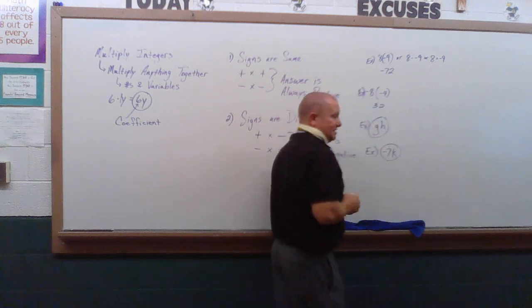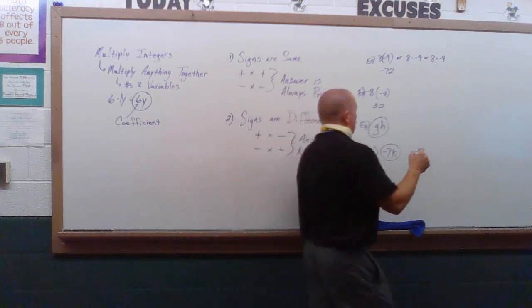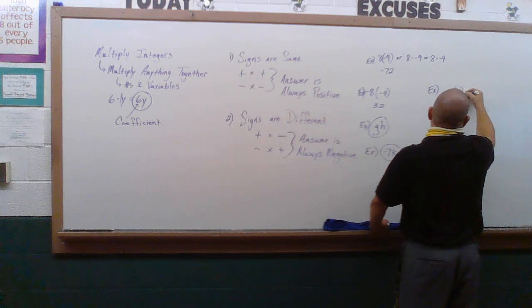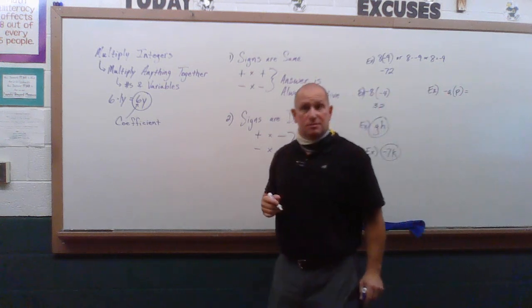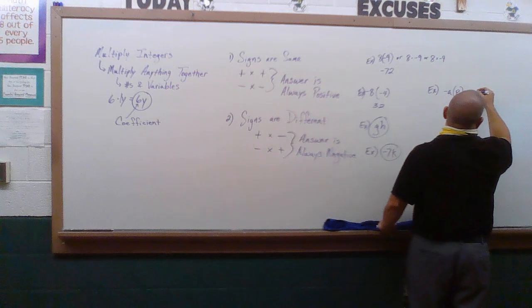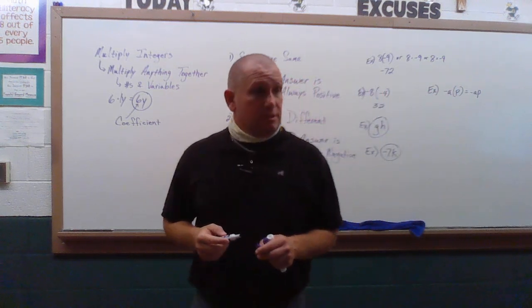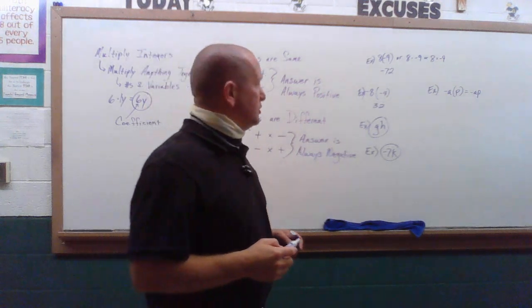So the problem again is the answer. All right. What happens if I have -A times P? What's my answer? Negative AP, right? Still, if one's negative, the whole thing turns out to be negative. All right? But again, I can just put them all together.